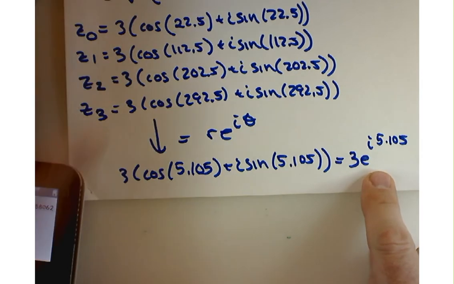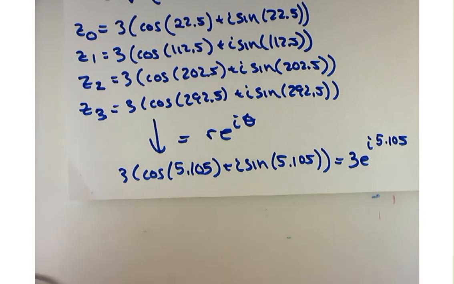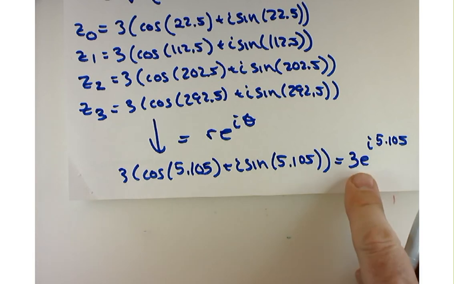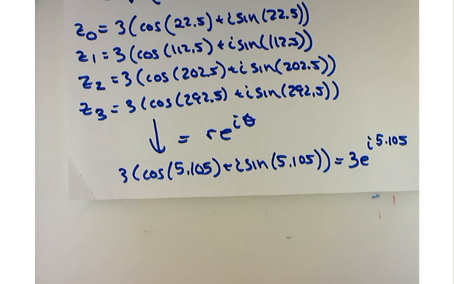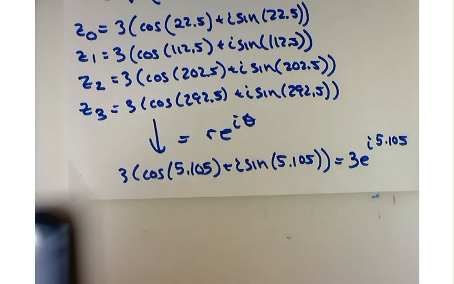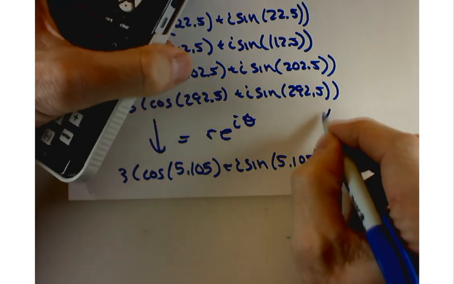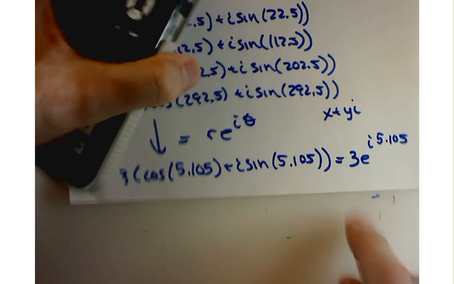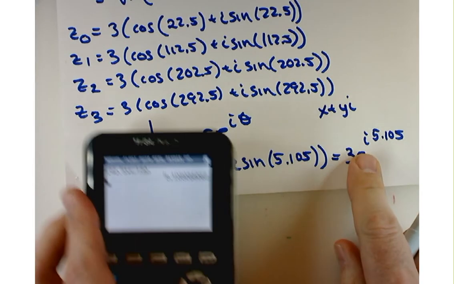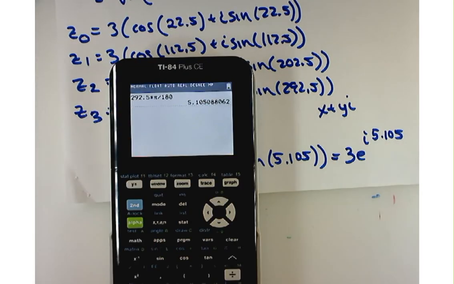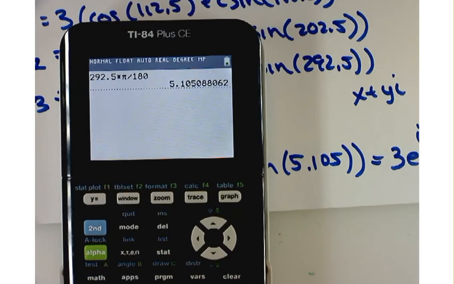There's your exponential form. The advantage of this is that if you have it in exponential form, it can make it easy to give it in x plus yi form on your calculator. To do that, if you needed that, then I would do this.